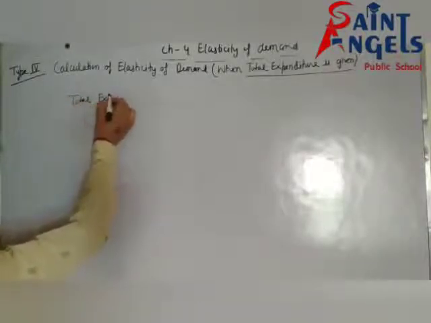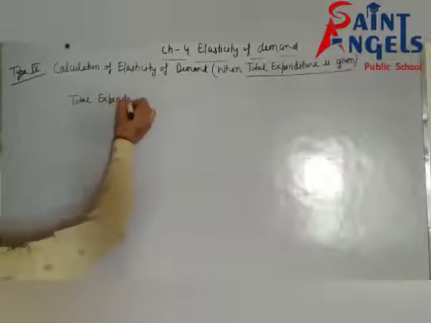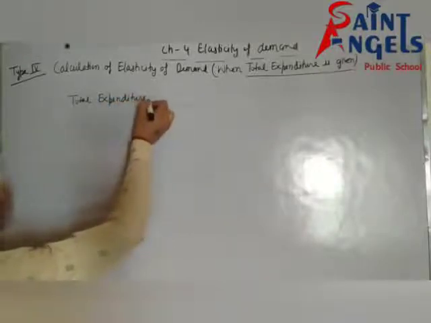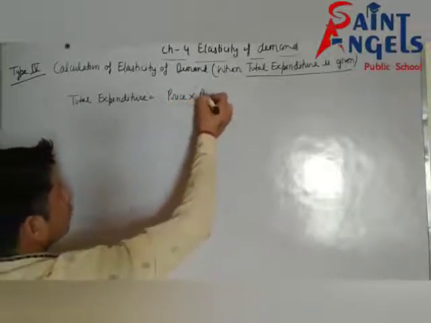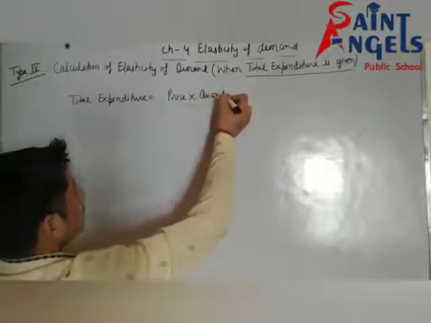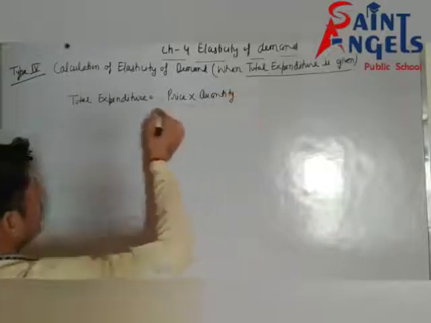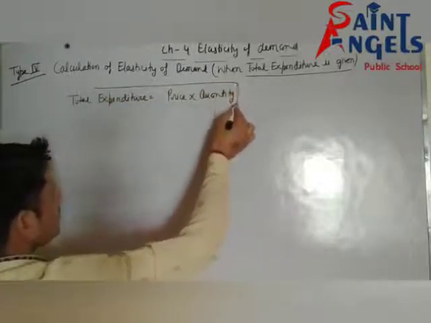Total expenditure is equal to price into quantity. This is the main formula of total expenditure.